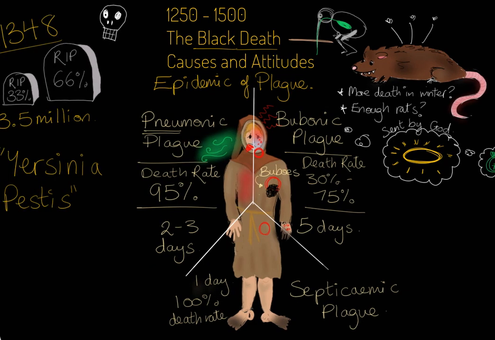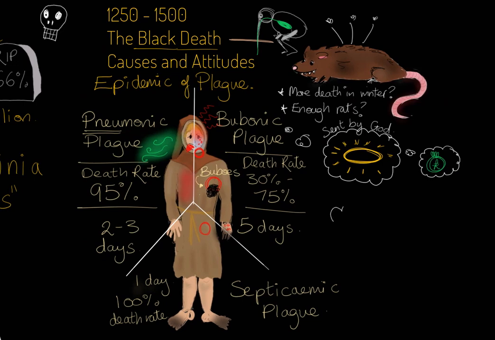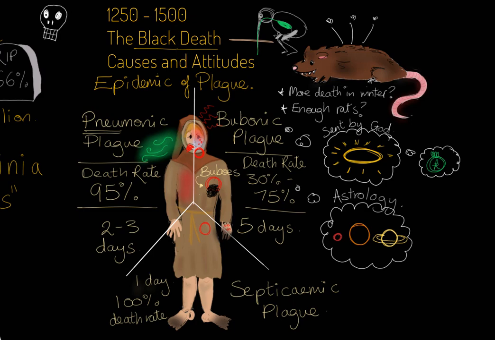Another explanation was to do with the planets and the movement of the planets. So beliefs about astrology were sometimes used to explain the plague. A few years before it hit, there had been an occasion where three major planets, we've got Saturn, there it is with its rings, and Jupiter and Mars had all lined up together.